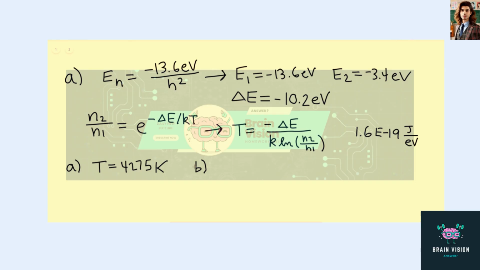For part B, I should probably restate these N2 over N1 ratios. Part A was N2 over N1 equal to 10 to the negative 12.